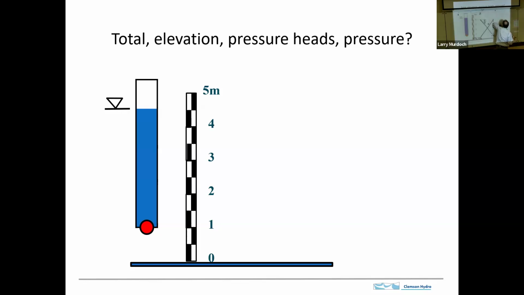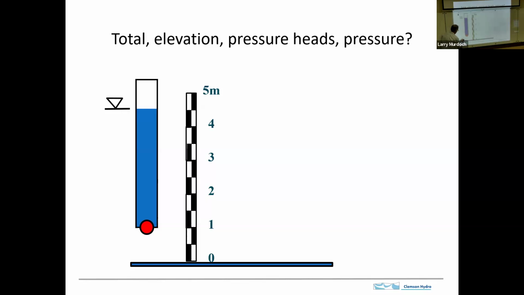Here's pretty much the same drawing, but now I want to find out what's happening right there. I have a scale here, so I'm going to get some magnitudes of these different terms. This is the start of my scale, the datum.